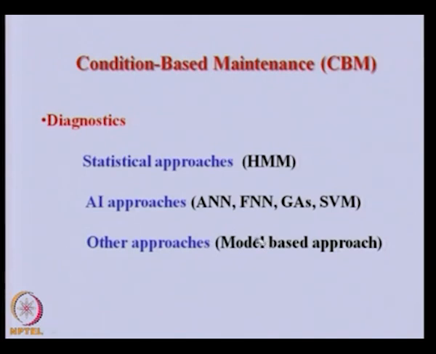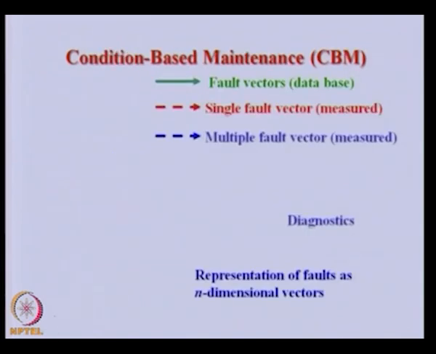Once we measure the vibration from the actual system, we can curve fit the mathematical model with the vibration signal and try to find out whether the fault is there, and if it is there, how much is the severity, or the quantification of the fault, we can do with the model based approach. This is actual research which is taking place at present in the rotor dynamics field. So this is a very abstract way of how we can diagnose the fault.